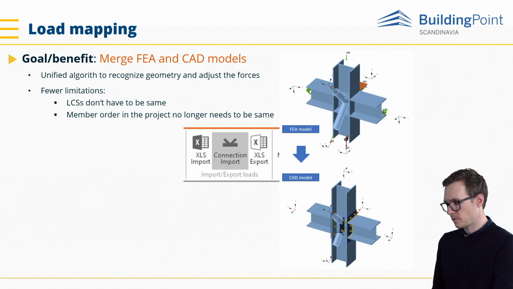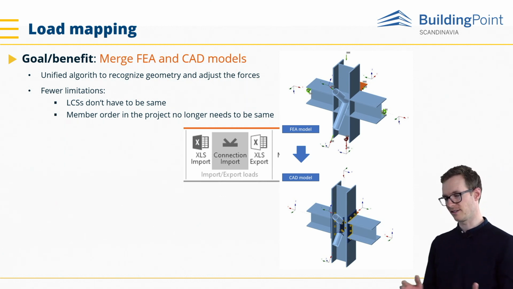The last update for the BIM part is the unified algorithm for communicating between CAD and FEA models. So that has been developed. The export now accepts and recognizes geometry better, so that's very good for those of you who have gotten errors in that area.